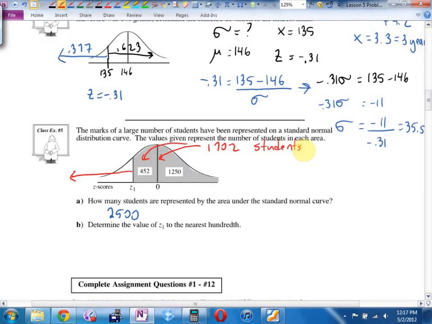Out of how many? If you get 80 out of 90 on a test, what percent is that? If you have 1,702 students out of 2,500, what percent is this? Or what decimal? Leave it as a decimal. Adrian, what'd you get?